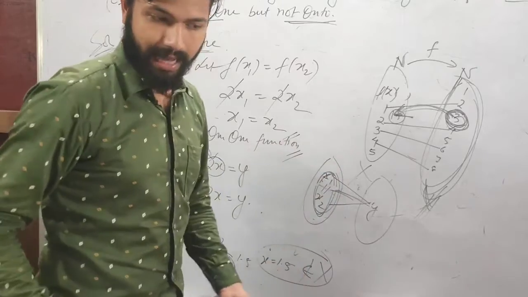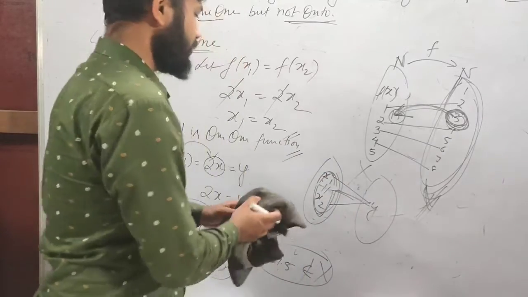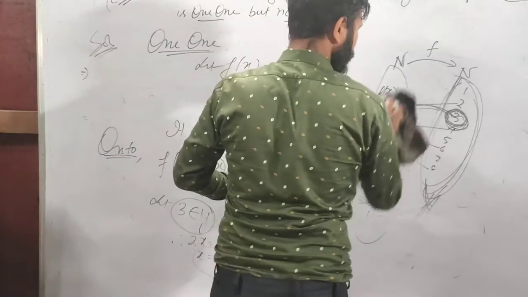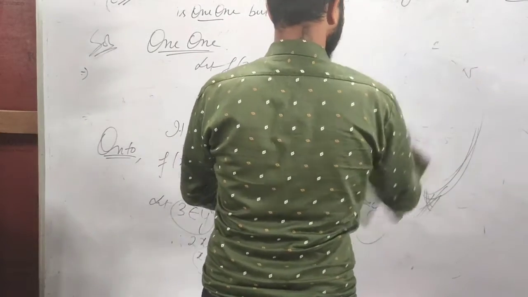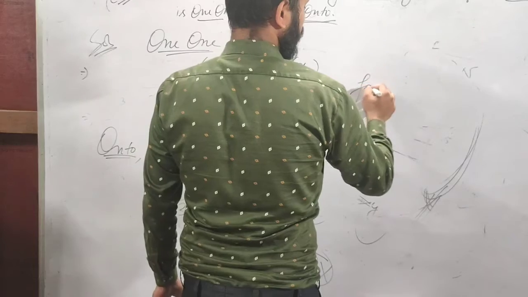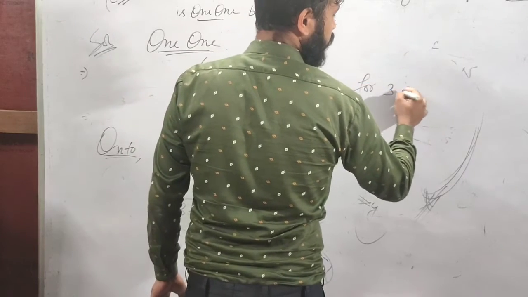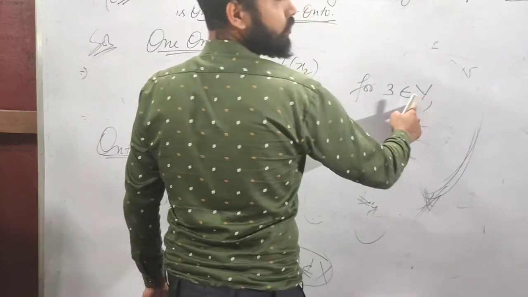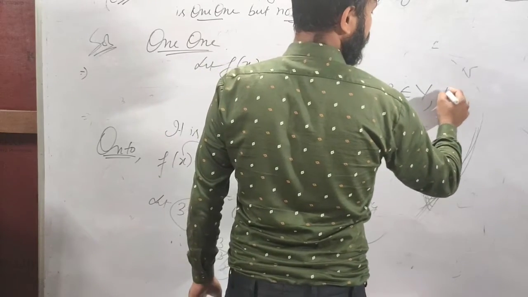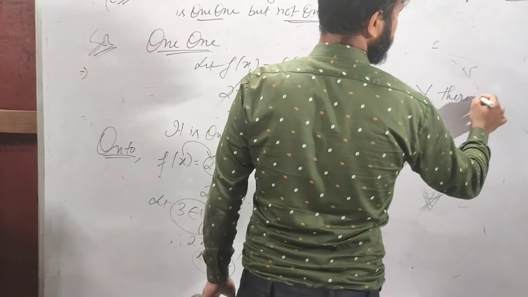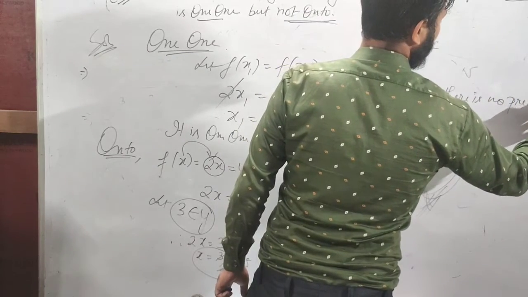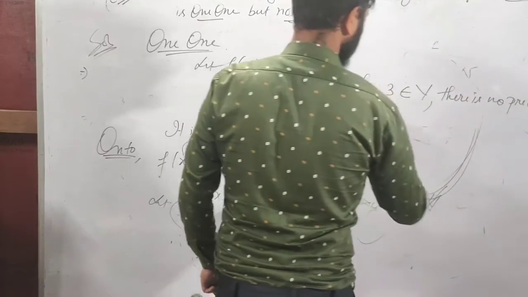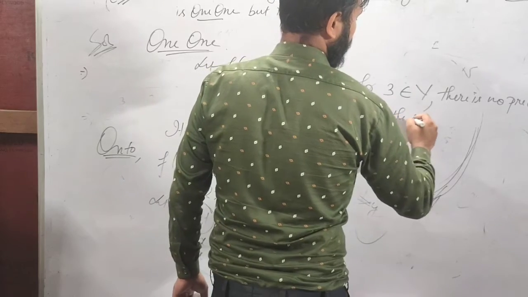So how to write the last line? This is the way we can prove it very easily. You can use your own way also, no problem. So we can say that for 3 belonging to the set of codomain, there is no pre-image in the set of domain.